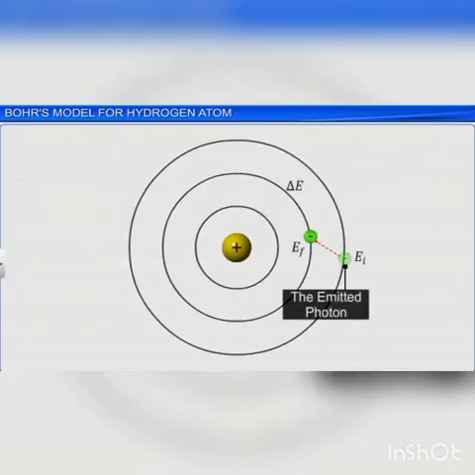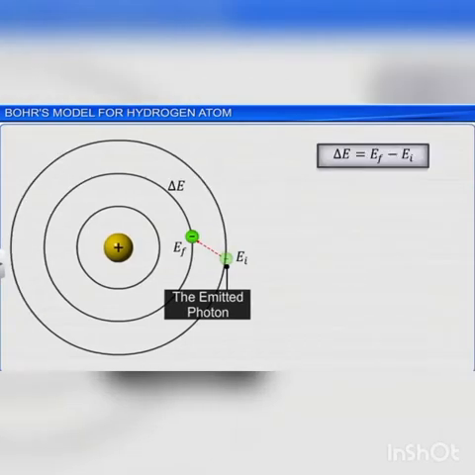the energy gap between the two orbits is given by the equation delta E equals E final minus E initial.